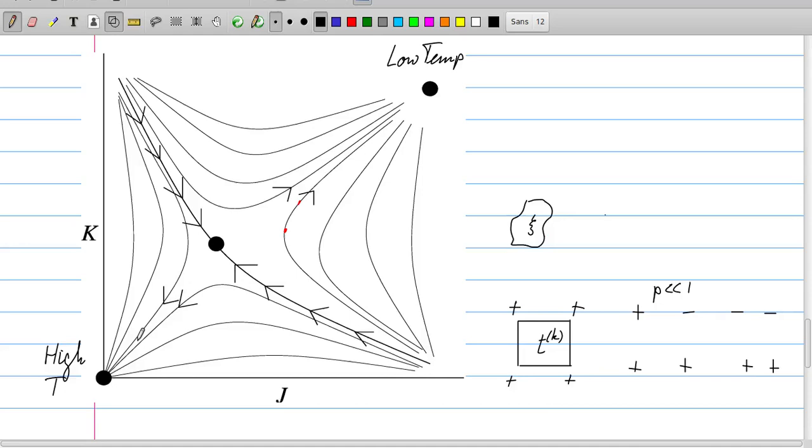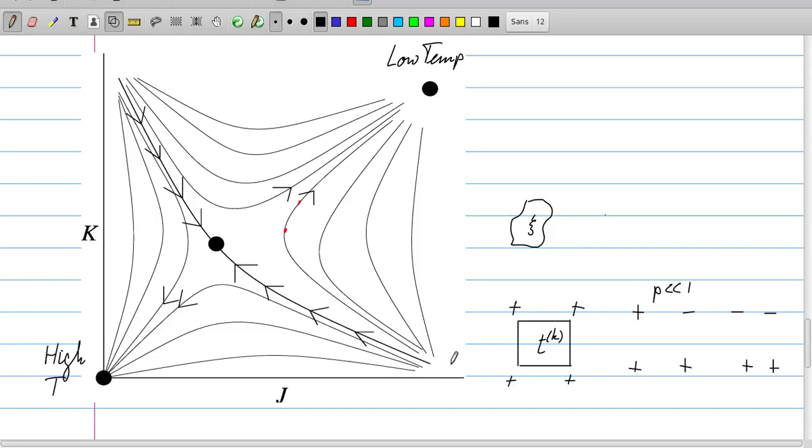Now, given this trend of low temperature flow towards this point and high temperature flow towards that point, the only possibility for the remainder is that there is some line which separates the high temperature region from the low temperature region. And by continuity, the flow at that line should be like this. And so that completes the renormalization flow in a qualitative sense.